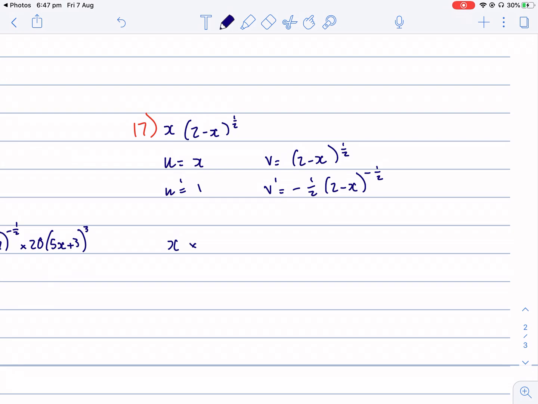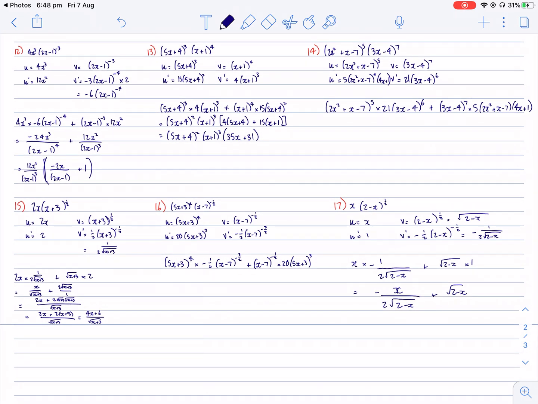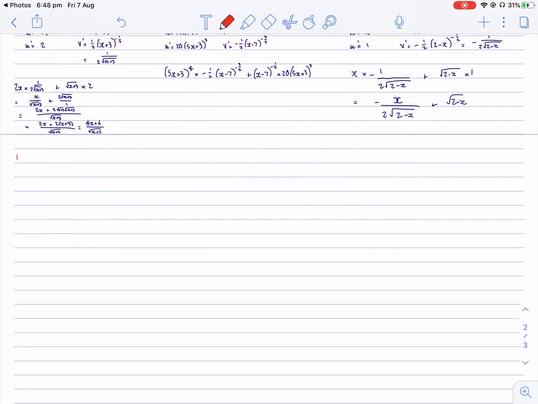So we've got x times negative a half, which is the same as negative 1 on 2 root 2 take x, plus root 2 take x times 1. So I'm going to have negative x on 2 root 2 take x plus root 2 take x. And if they went any further with that, they're out of luck.